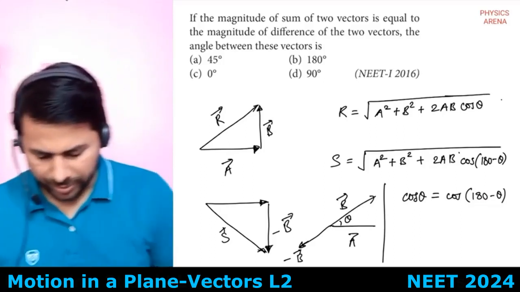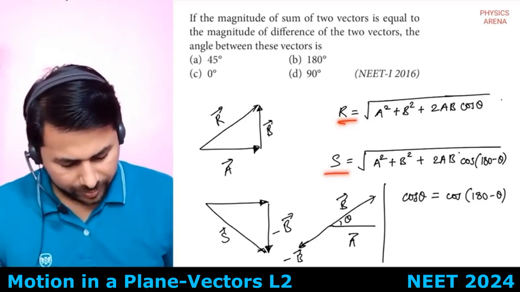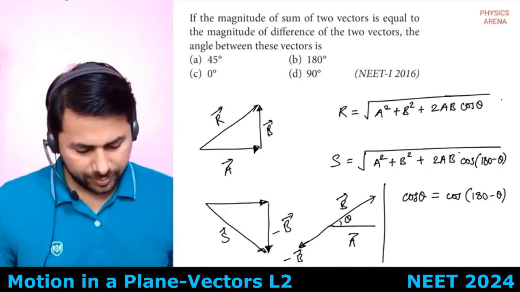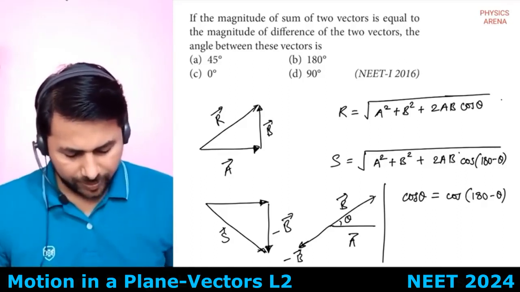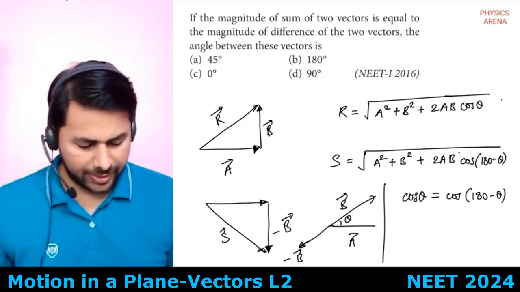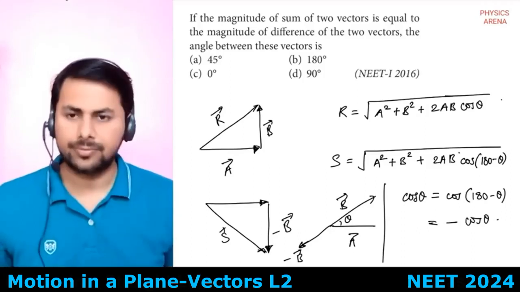Oh no, I'm sorry, what I'm doing. So this is equal to this. Yeah, it's correct actually. So cos of theta is equal to cos of 180 minus theta, right? So this will be equal to minus cos of theta.